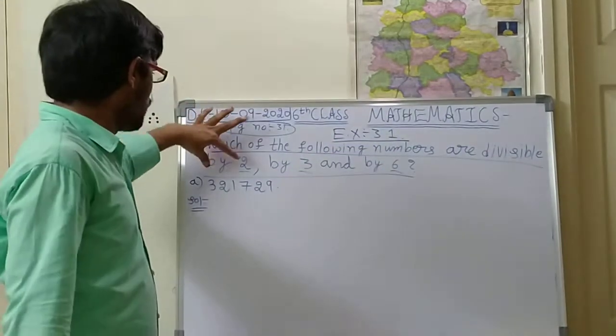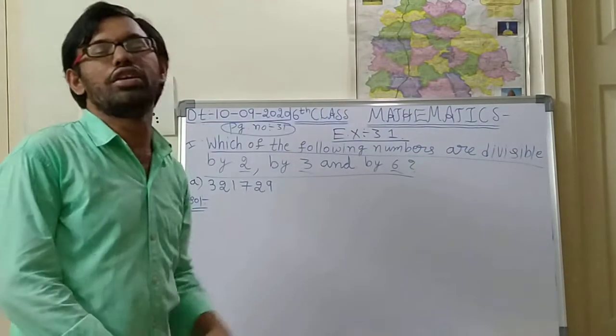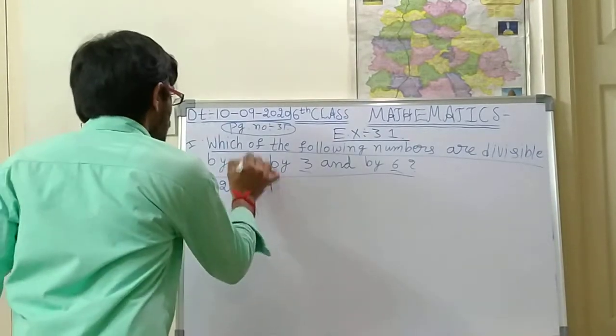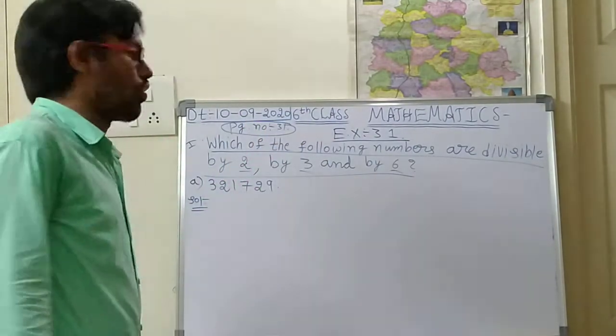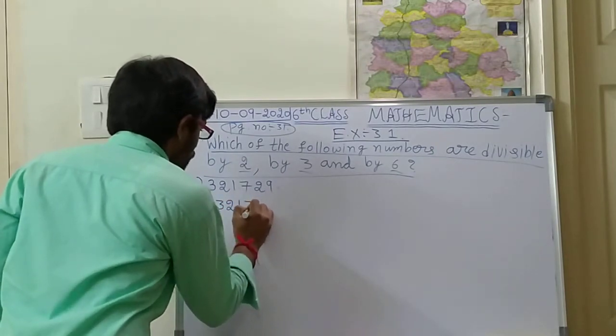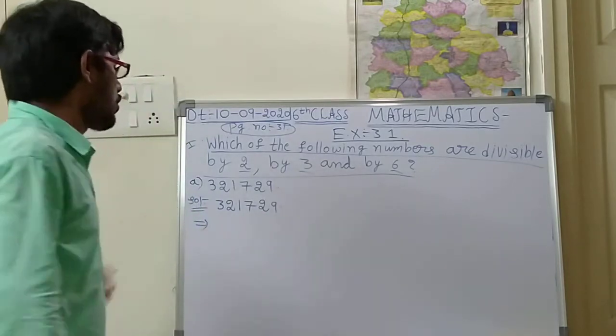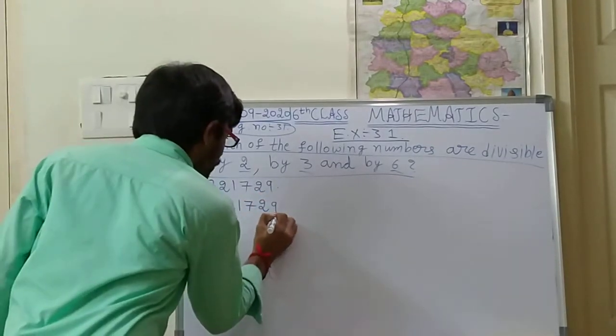You have to verify this number for the 3 divisibility rules. First, with the help of the number 2. The first step is the question, 3, 2, 1, 7, 2, 9. Next, what is the ones place digit?